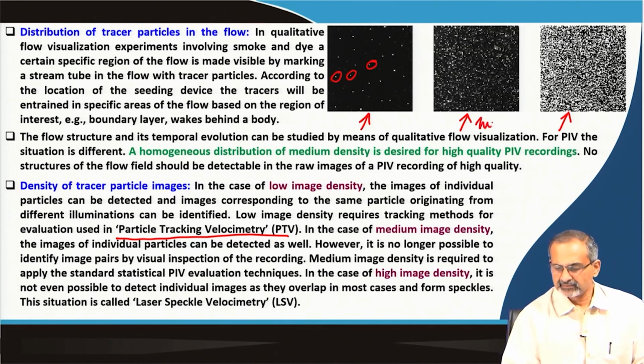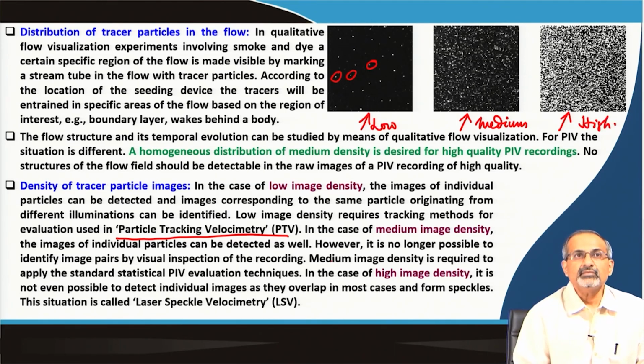When it comes to medium image density, so this is low, this is medium, and this is high. For medium image density, the images of individual particles can be detected very well. You can identify each particle extremely well. They are not getting cluttered as such. However, it is no longer possible to identify image pairs by visual inspection of the recording.